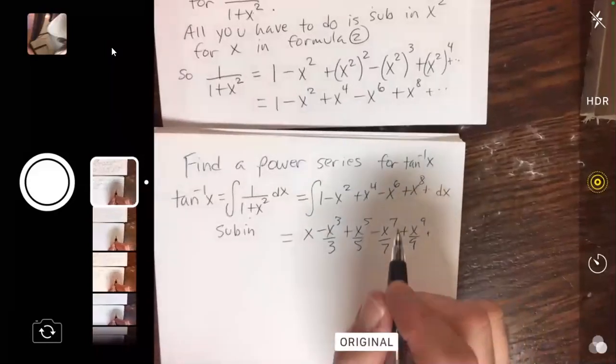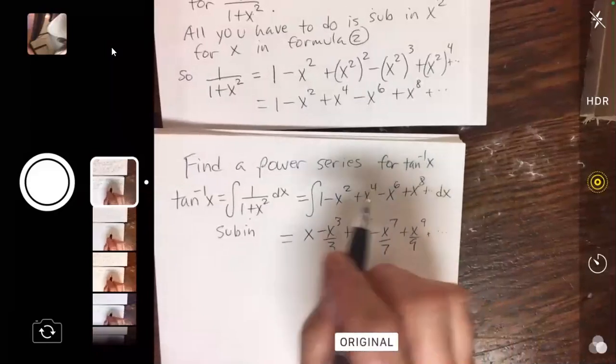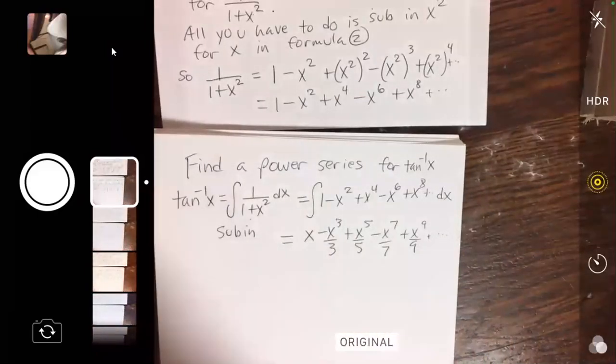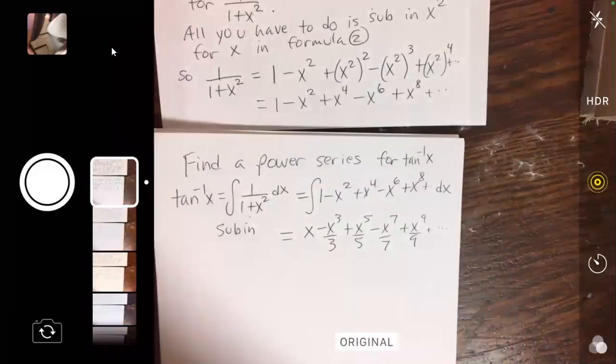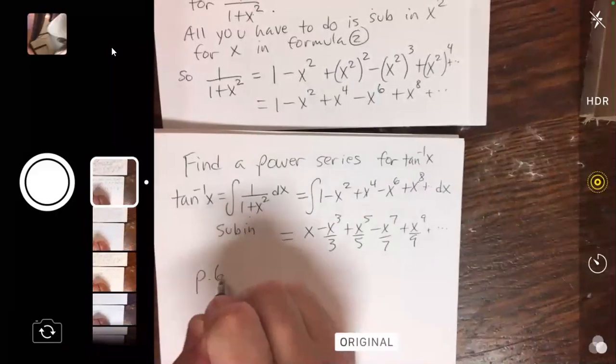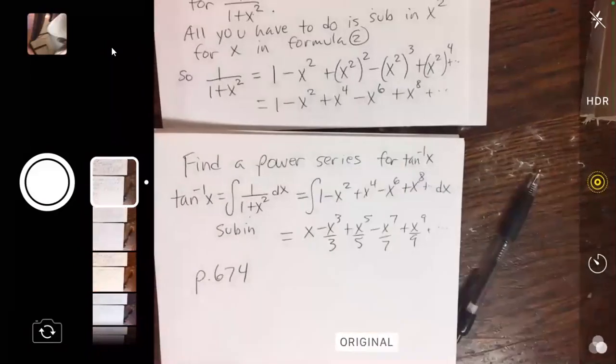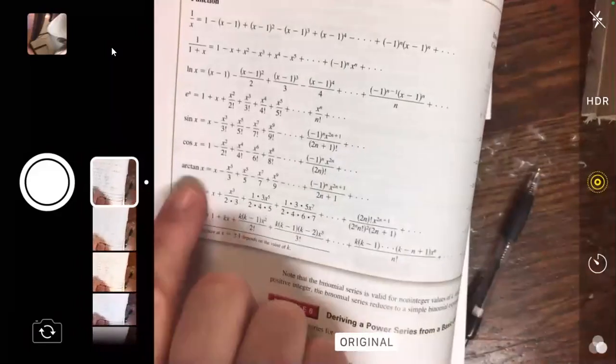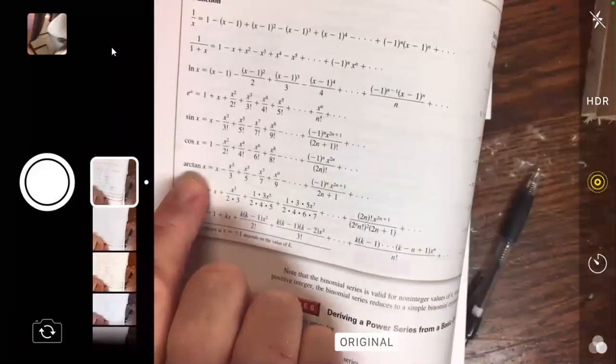Now, lest you think I'm completely making up this gibberish, look on page 910. They actually show you this in 910, not 99 for some reason. Look on page 674. And there's arctangent x.